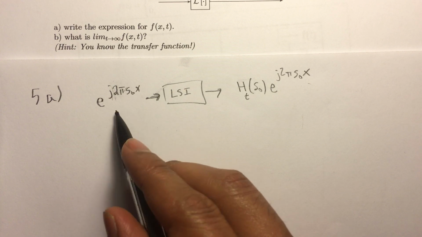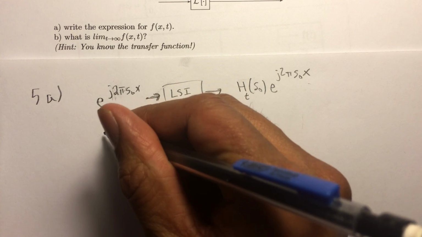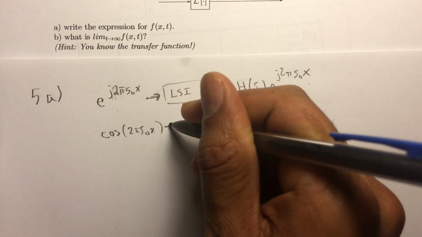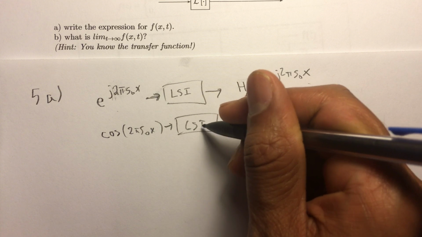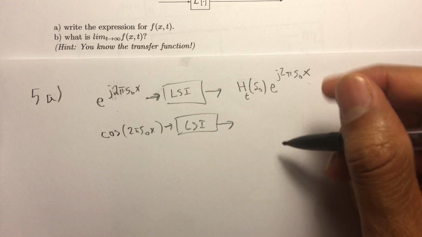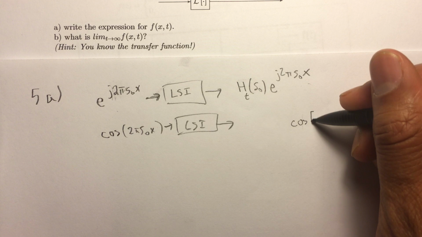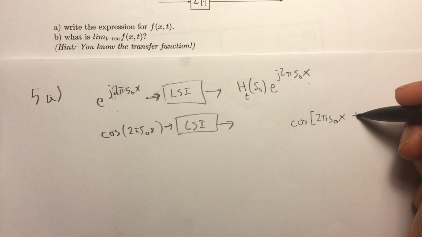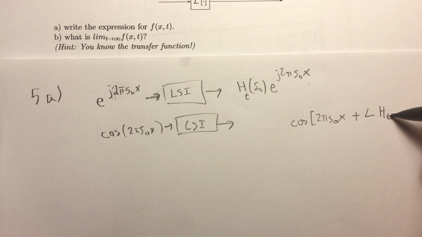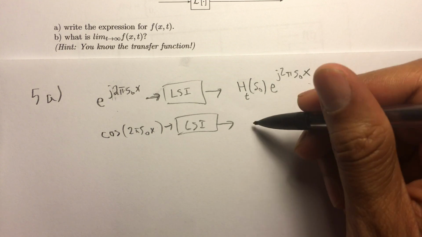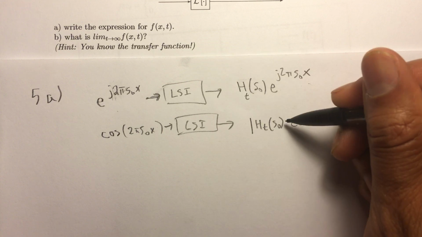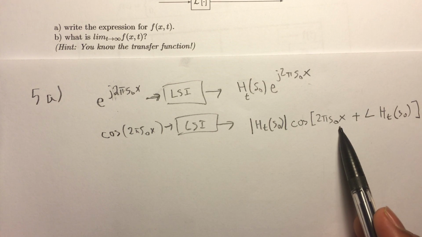Okay, so the corollary of this is that if we put a cosine through a linear shift invariant system, what we get out is another cosine that's phase shifted by the phase of the transfer function, and that's scaled in amplitude by the amplitude of the transfer function at the frequency of the cosine.